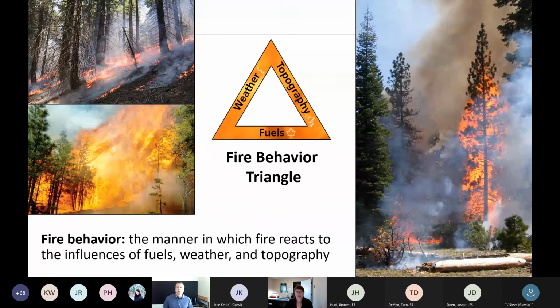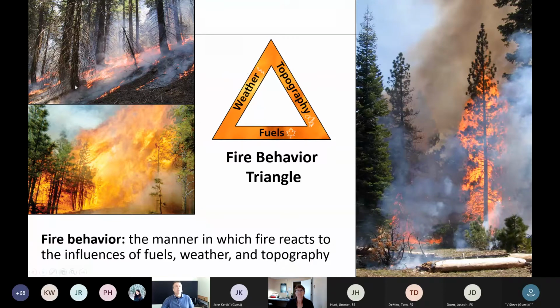As a starting point, I'll reiterate some things Jane said, just so that we're all on the same page in terms of terminology. When I'm talking about fire behavior, I'm talking about the way fire reacts to the characteristics of the landscape it's burning across, the vegetation, topography, etc., and the fire weather conditions it's burning under. That includes things like rate of spread and fireline intensities, which we might estimate with flame lengths or something like ERC, the energy release component.